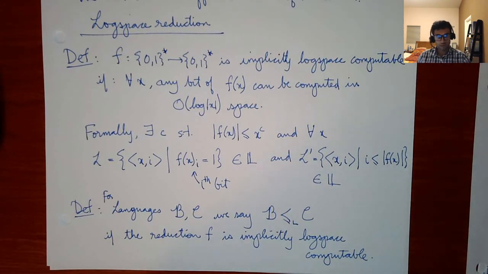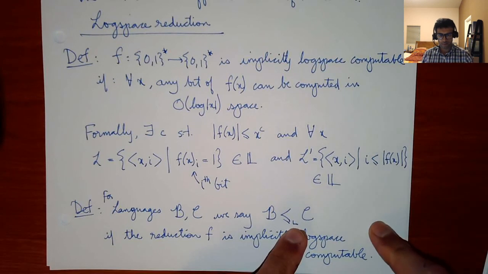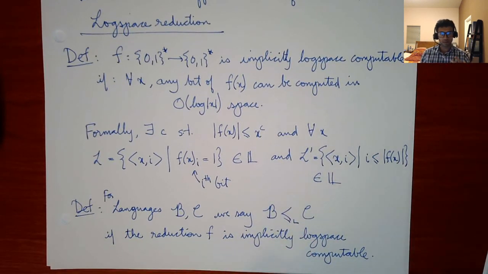You could think of doing log space reductions for PSPACE or for NP or anything, but typically, outside of P, one uses efficient reductions with polynomial time, and that is what is used to define completeness. Within P, one uses log space reductions. But as we will see, all the reductions that we've come up with, at least the NP completeness ones, are actually log space reductions.